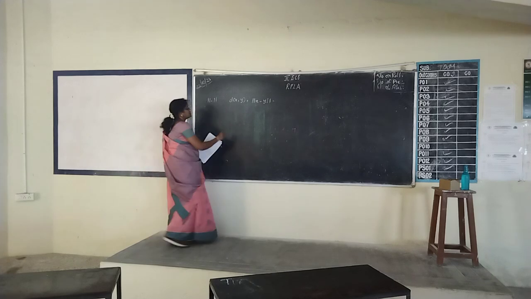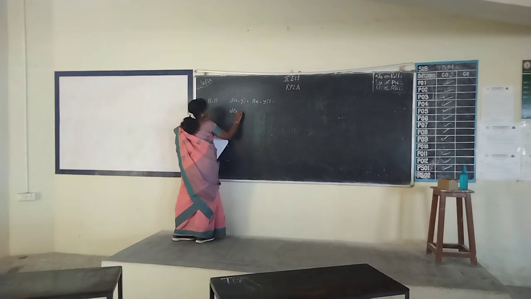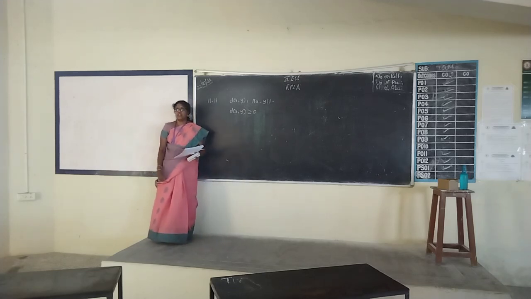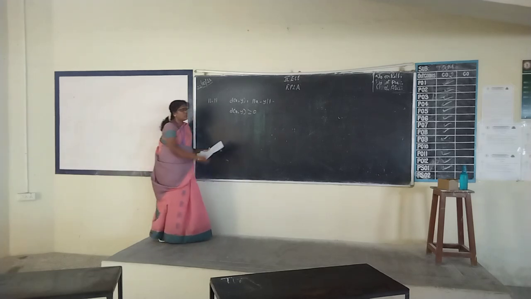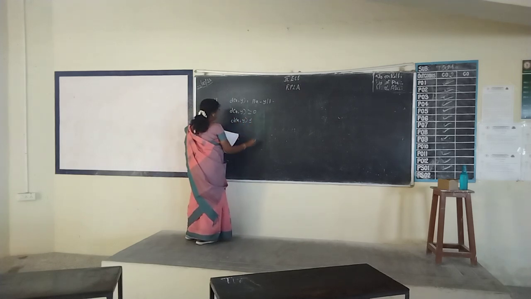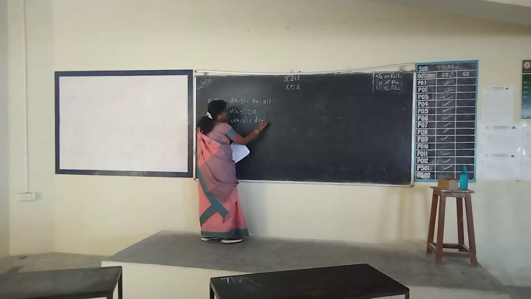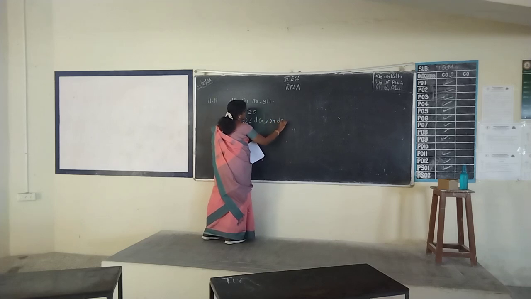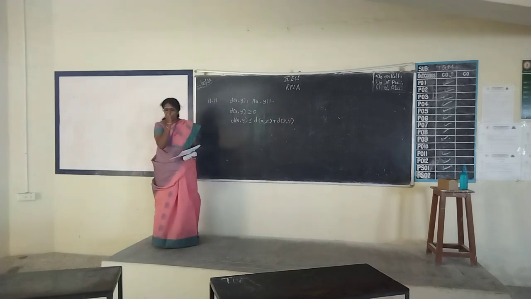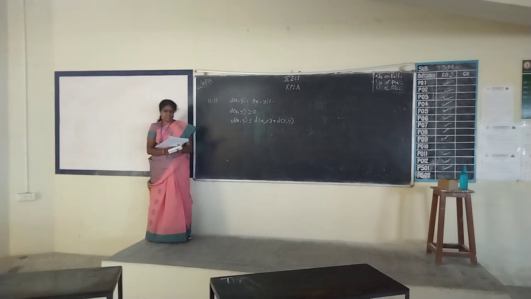Prove that d of x comma y is greater than or equal to 0, and d of x comma y is less than or equal to d of x comma z plus d of z comma y.